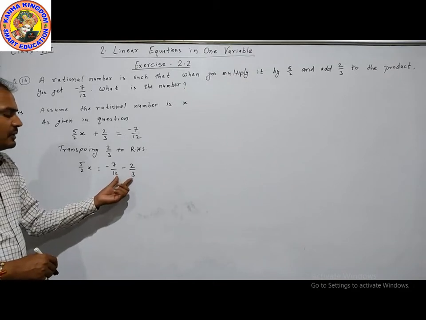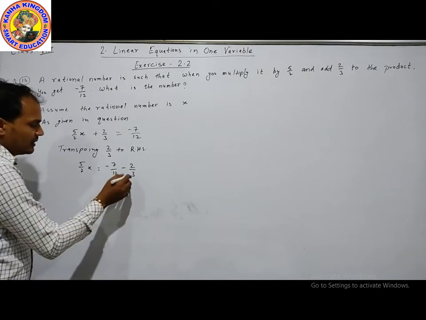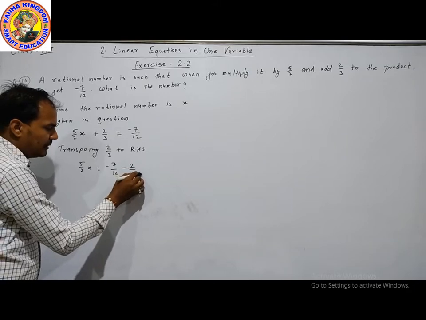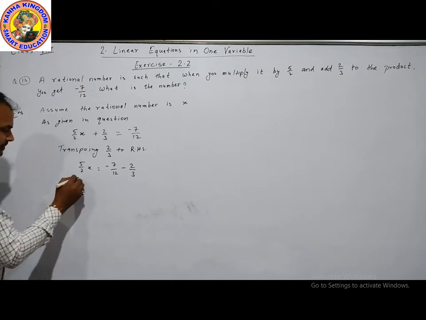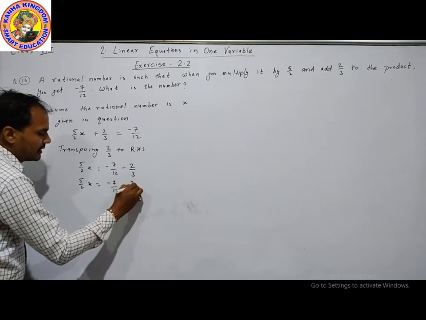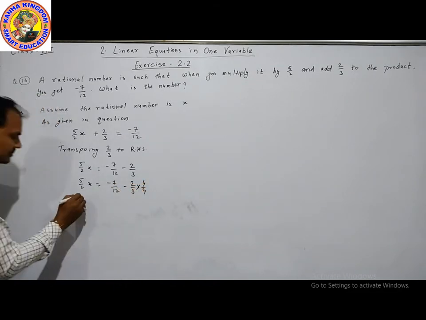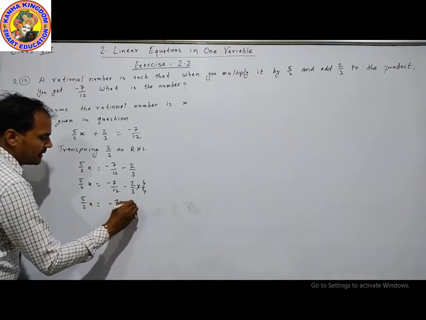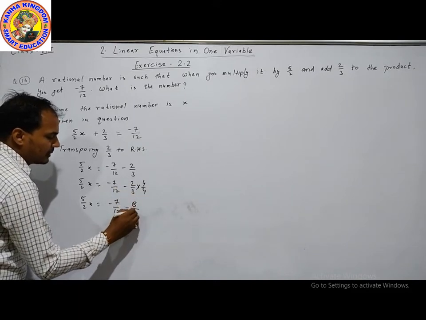For adding, we know that the denominators must be equal. When we multiply 3 into 4, we get 12. So multiply by 4. 5 by 2x is equal to minus 7 by 12 minus 2 into 4, 8, 3 into 4, 12.